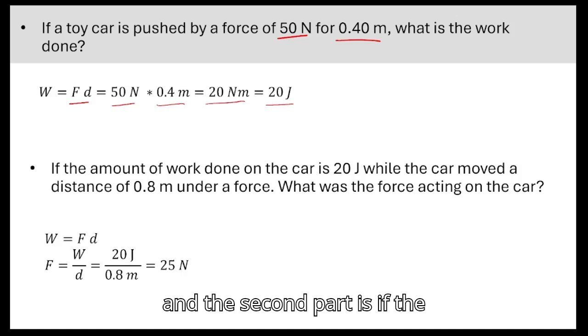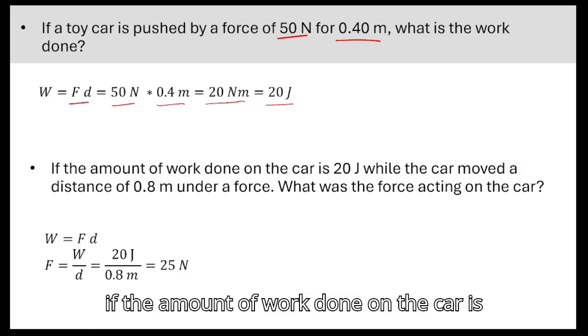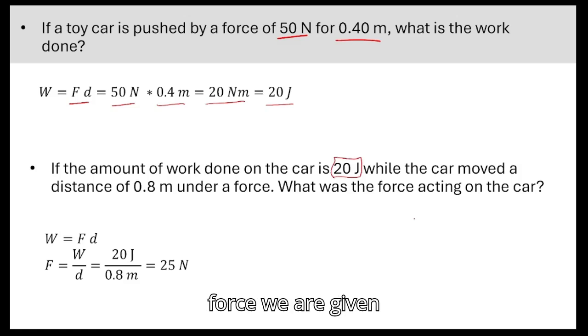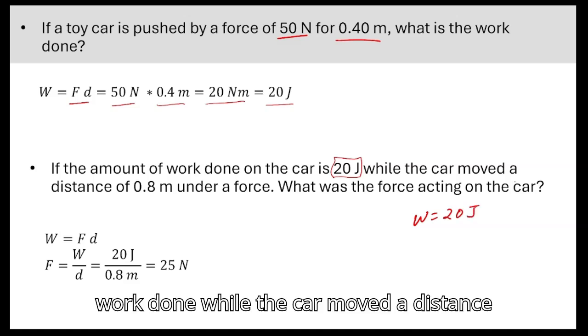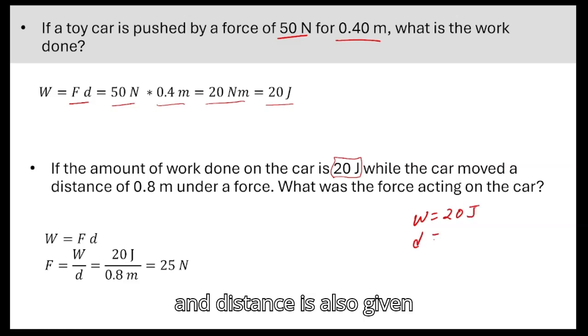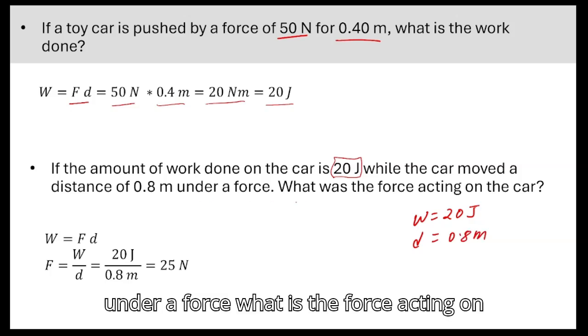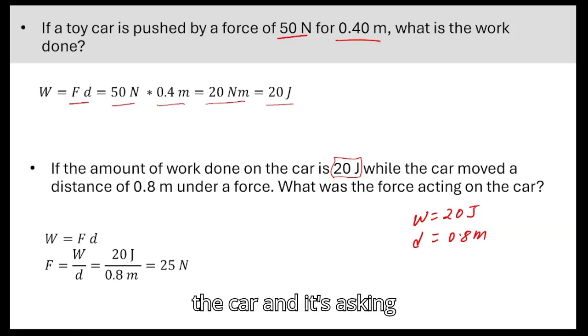And the second part is if the amount of work done on the car is 20 joule. Now in this section, instead of force, we are given work done while the car moved a distance, and the distance is also given. What is the force acting on the car?